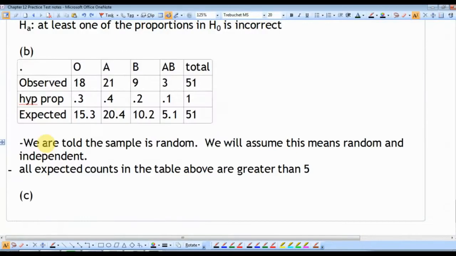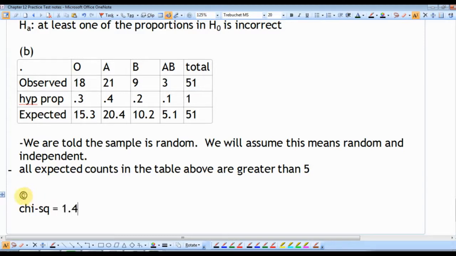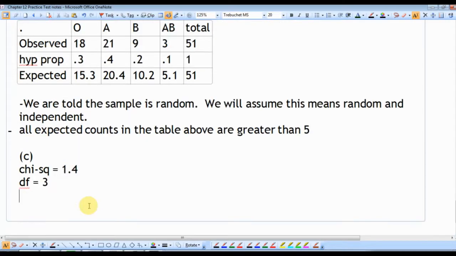Okay, so chi-square is 1.53. Degrees of freedom equals 3.